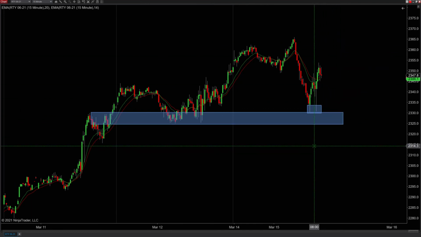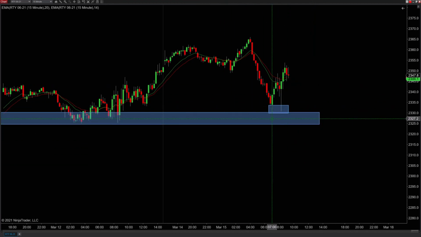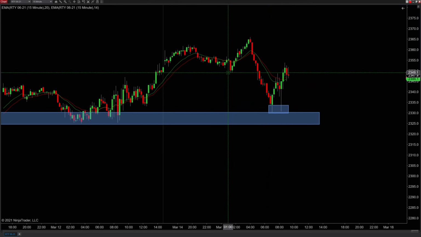Now action then bounced up off of this area, then ran into this swing low here. I am losing my internet again. Let me just take a little note here.